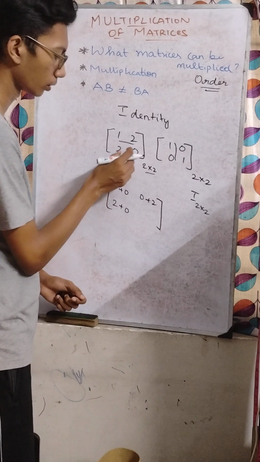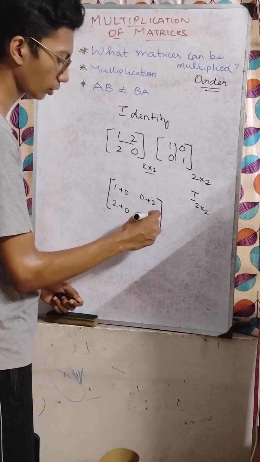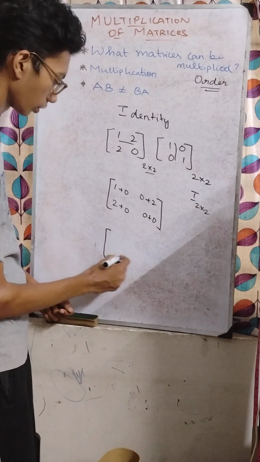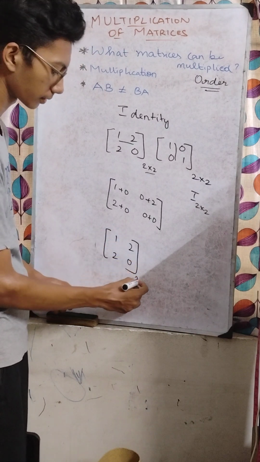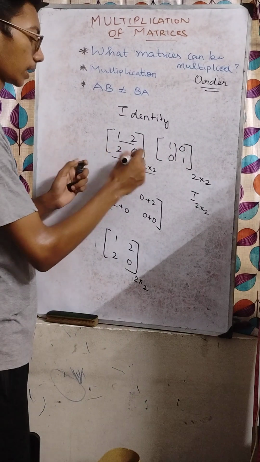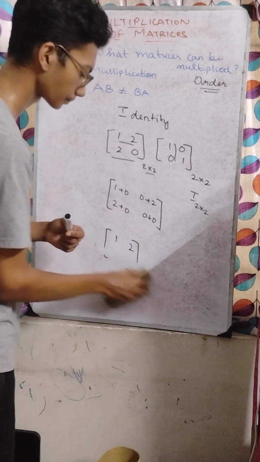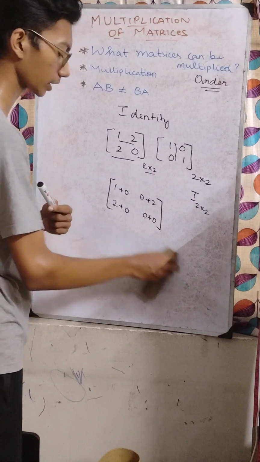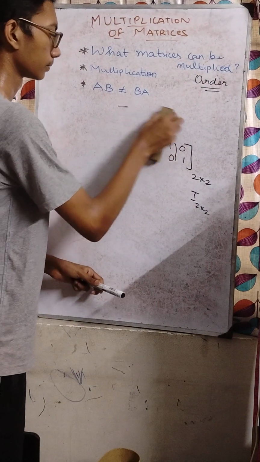So 2 plus 0. 2 comma 0 is multiplied with 0 comma 0, so we have 0 plus 0. So the matrix we get is 1 2 2 0, which is the original matrix we have here. So that is what the identity matrix is used for. If you multiply a matrix with its identity matrix, then we will get the original matrix.